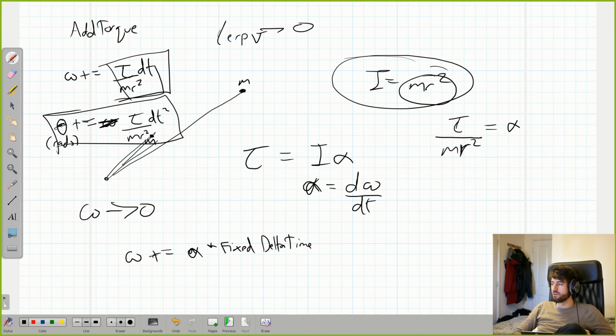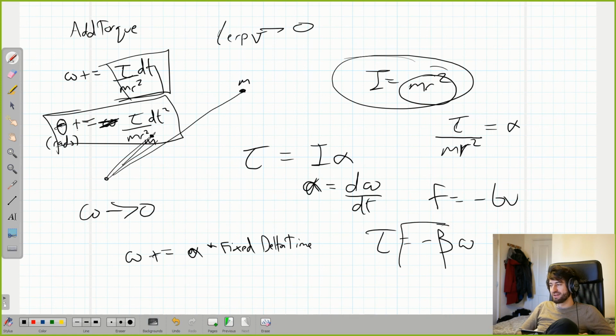So if your force is minus bv for drag, then your angular torque is going to be some, we could call it, beta times omega. Funnily enough, if you remember when we did the simple harmonic oscillator, we did use betas and gammas.